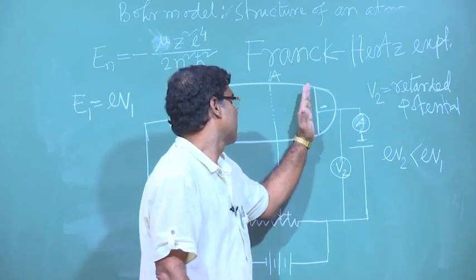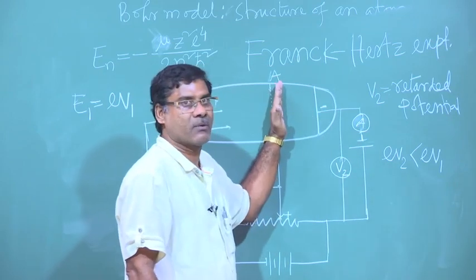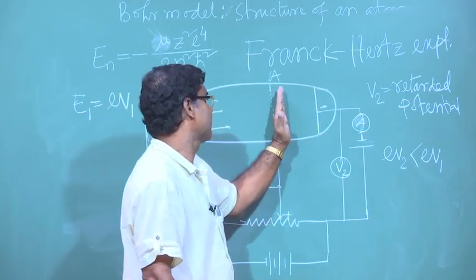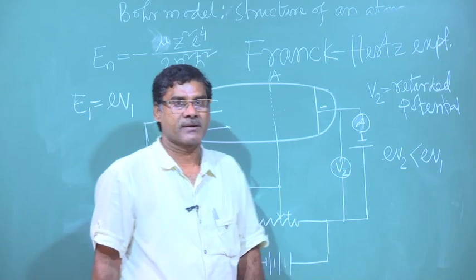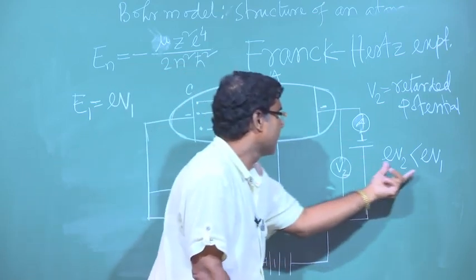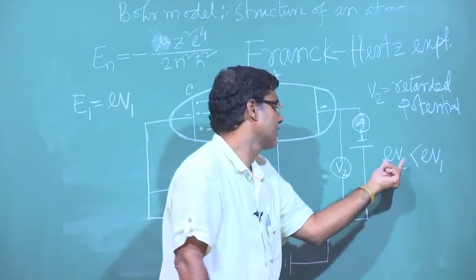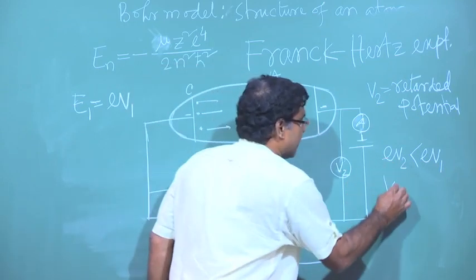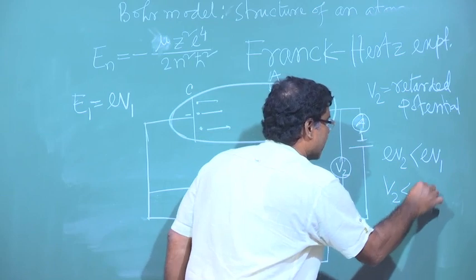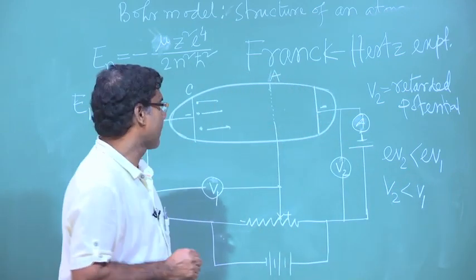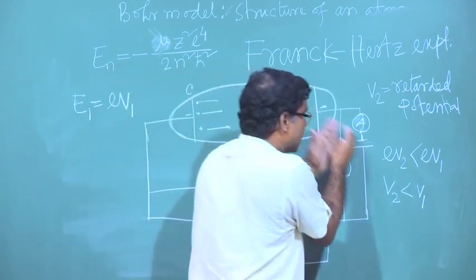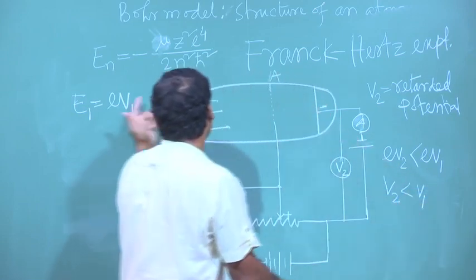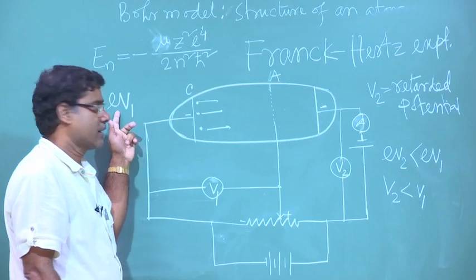Whatever electron is coming with this energy will be repelled by this plate, but it can overcome it if this energy is higher, or V2 is less than V1. So, generally this retarded potential is kept smaller than V1.